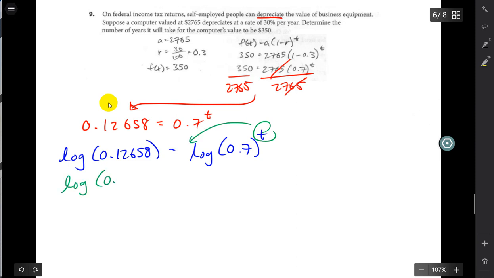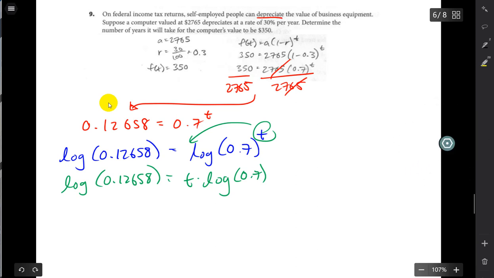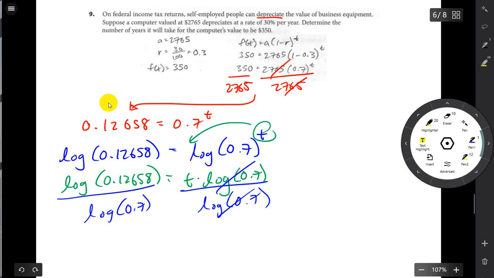So log of 0.12658 equals t times log of 0.7. Now we need to get this t by itself, so we divide by log of 0.7. So this cancels here.